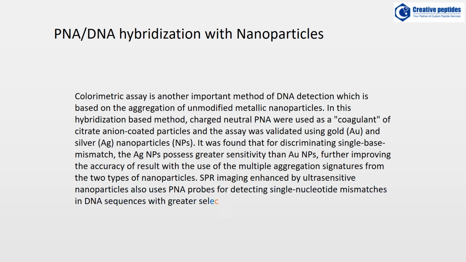It was found that for discriminating single base mismatch, the Ag NPs possess greater sensitivity than Au NPs, further improving the accuracy of result with the use of the multiple aggregation signatures from the two types of nanoparticles. SPR imaging enhanced by ultrasensitive nanoparticles also uses PNA probes for detecting single nucleotide mismatches in DNA sequences with greater selectivity.